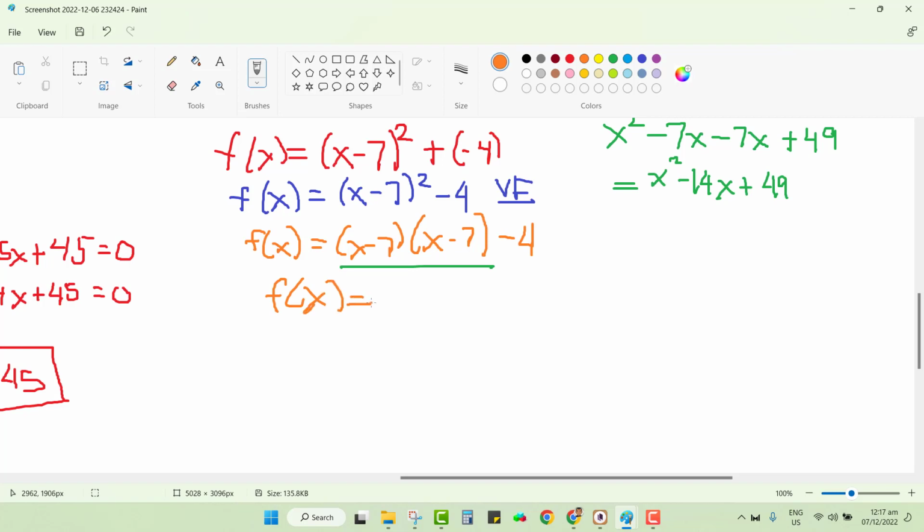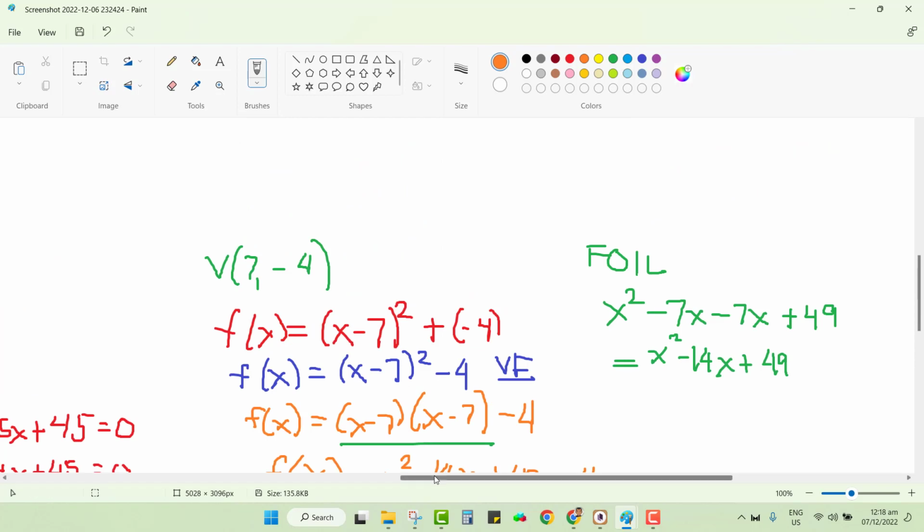F of x, in getting the standard form, is x squared minus 14x plus 49 minus 4, which is the remaining term here, and is therefore the standard form of this graph.